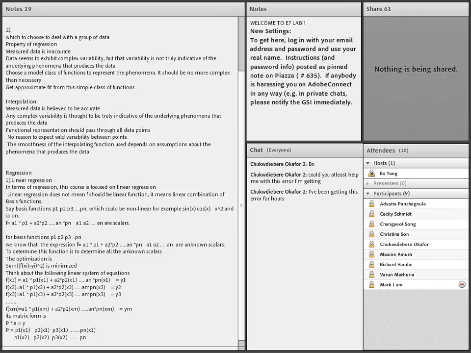Its matrix form is P multiplied by a equals y. So here P is an array.